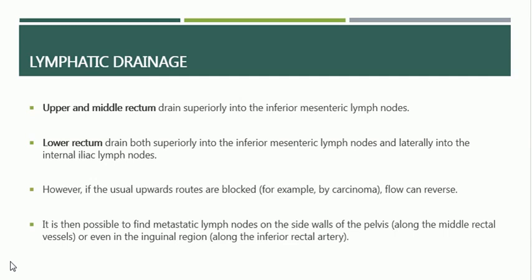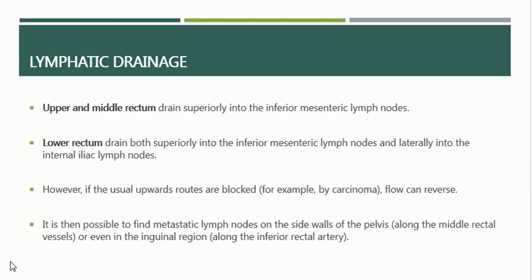So, if the usual upward routes are blocked by tumor in these lymph nodes, which sometimes happens in advanced malignancy, then the flow can reverse, since it is mainly upwards. It is then possible to find metastatic lymph nodes on the side wall of the pelvis, along the middle rectal vessels, or even in the inguinal region.